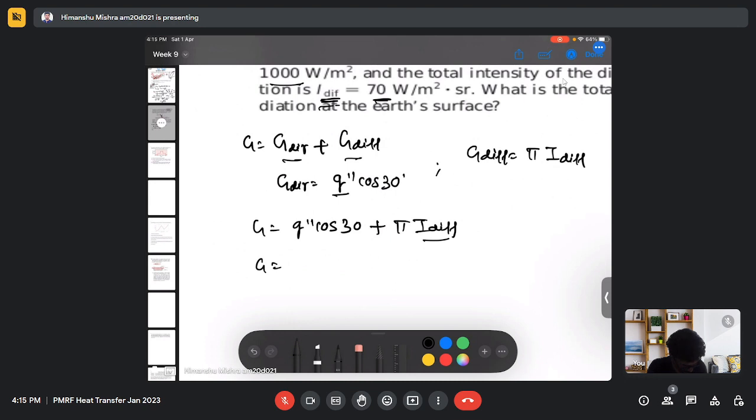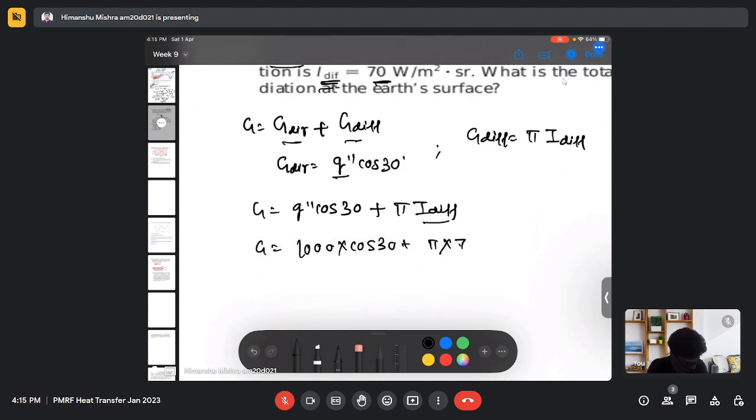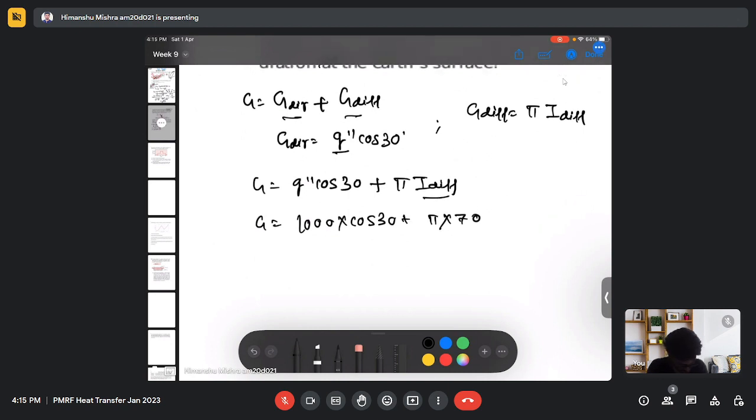So my total irradiation will be 1000 cos theta plus pi times 70, which is 866 plus nearly 220.